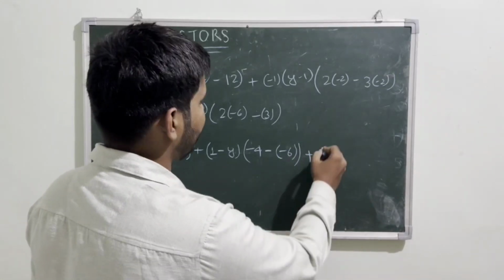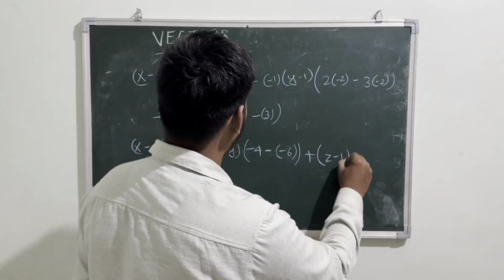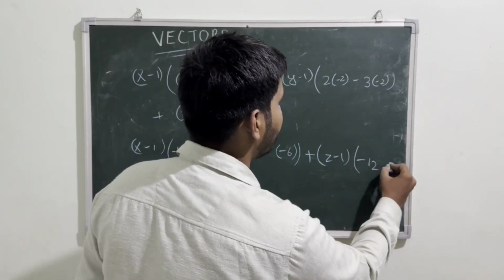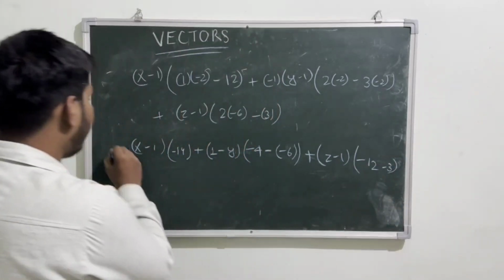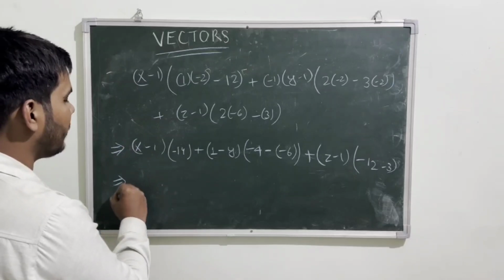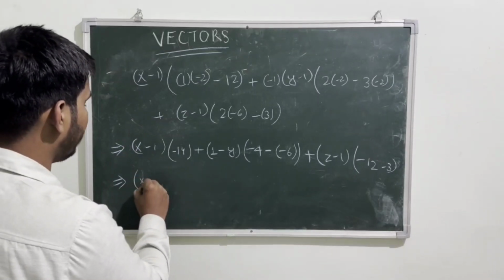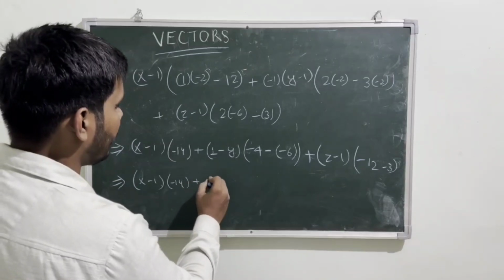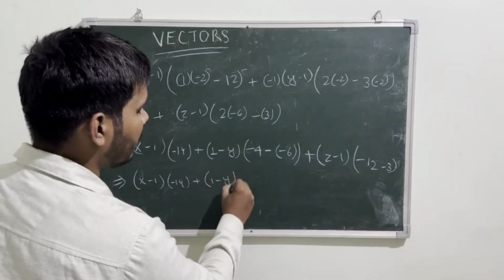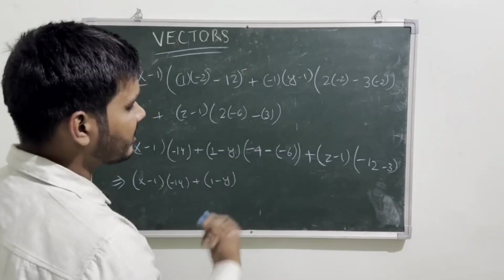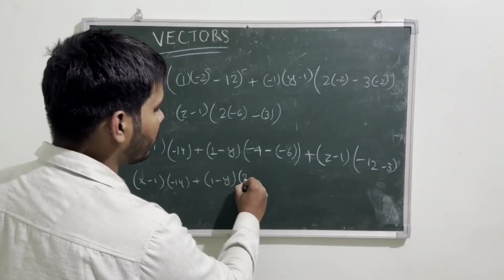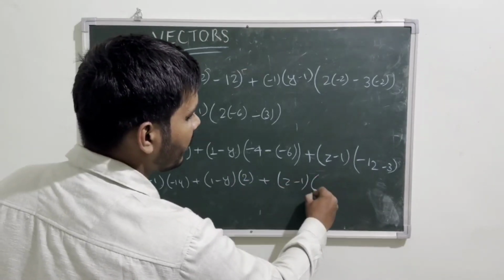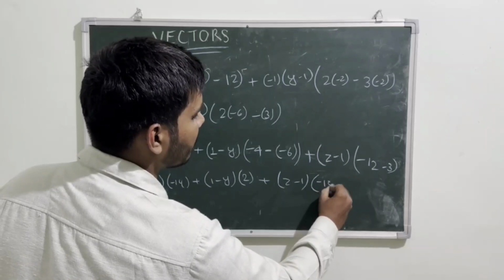Plus (z - 1). 2 multiplied with -6 is -12, then -3. After solving this equation, we will get something like this: (x - 1) into -14, plus (1 - y) into (-4 + 6), which is 2, plus (z - 1) into (-12 - 3), which is -15.